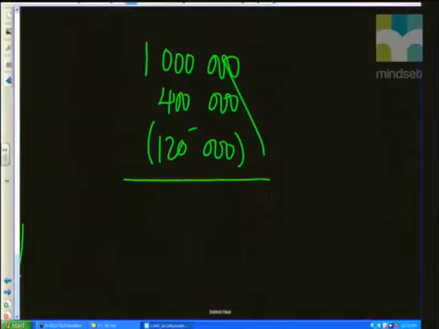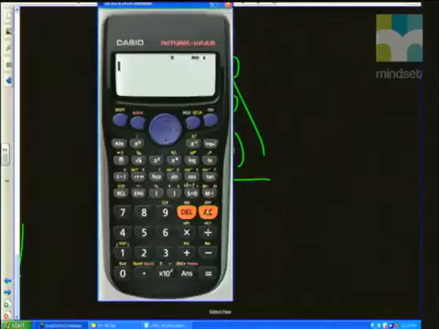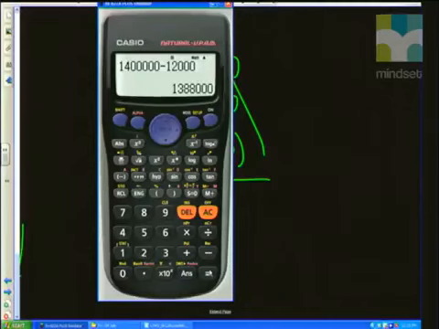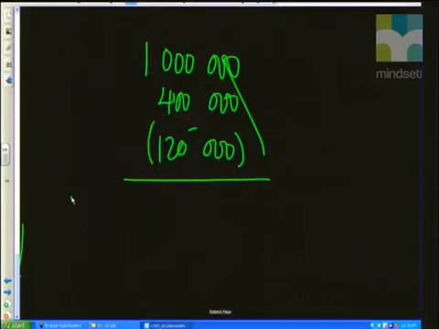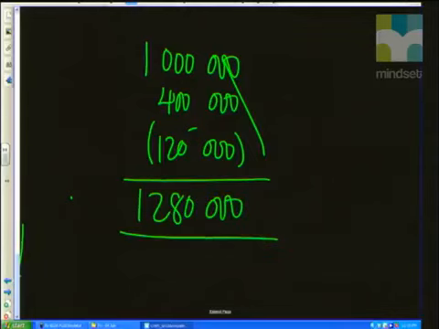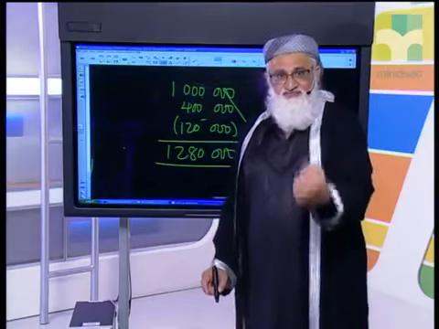And we said that 1,400,000 minus the 120,000 is equal to something wrong there. Let me redo that. 1,400,000 minus 120,000. That gives me 1,280,000. These are the shares. Remember, the physical quantity of the shares. These are the number of shares that we have left over.